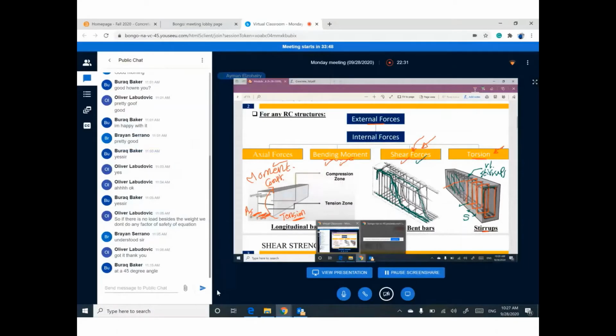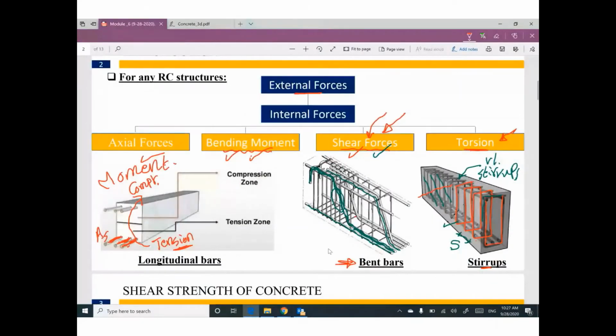Okay? We learned how to figure out the reinforcement for moment for different cases, T-section, rectangular section. If you have moment, I can figure out steel reinforcement. If you have steel reinforcement, I can figure out the design moment. We are done with this part. So we need to focus on shear force.